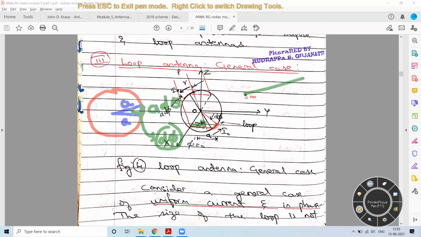If you remember this equation, if the two sides have length L and the angle is theta, the length of the arc is given by L theta.